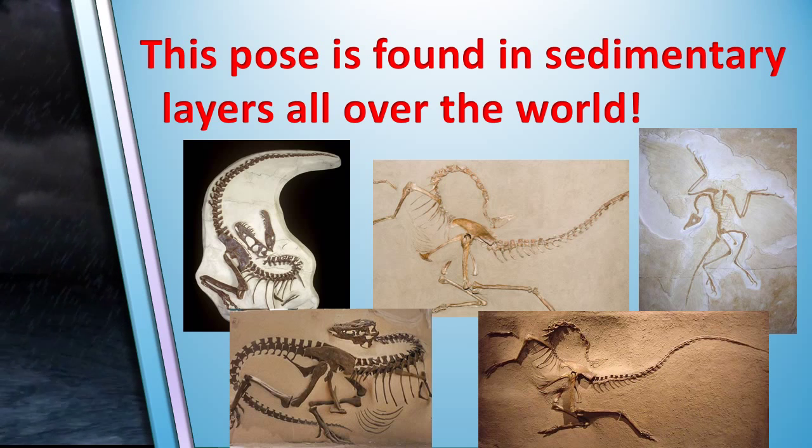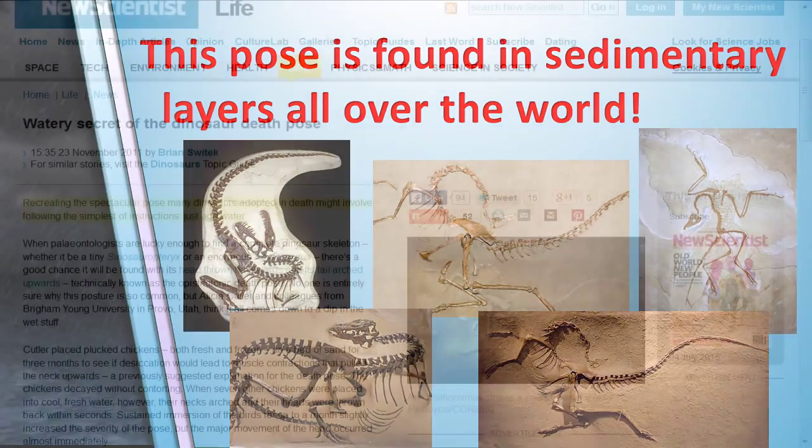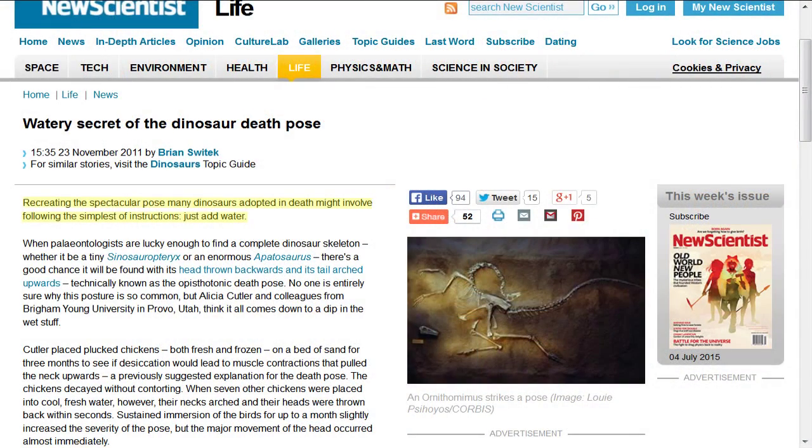And the answer should be consistent with the conditions that form sedimentary rocks also, since they are always found in that specific type of formation. Sure enough, the common denominator between the death pose of these dinosaurs and the sedimentary rocks they're found in is water, and lots of it.